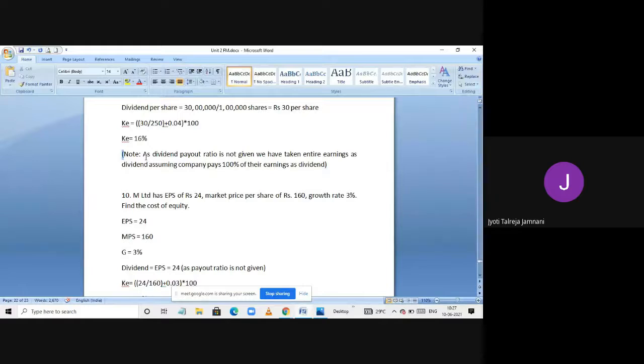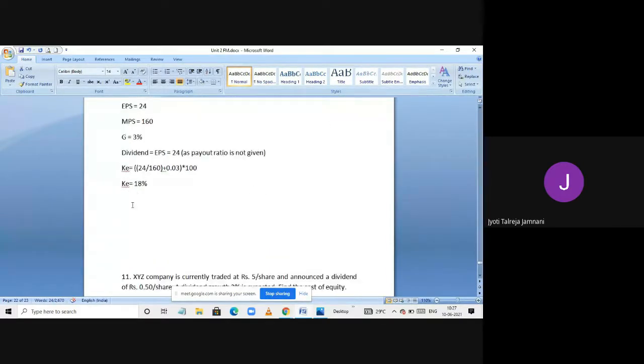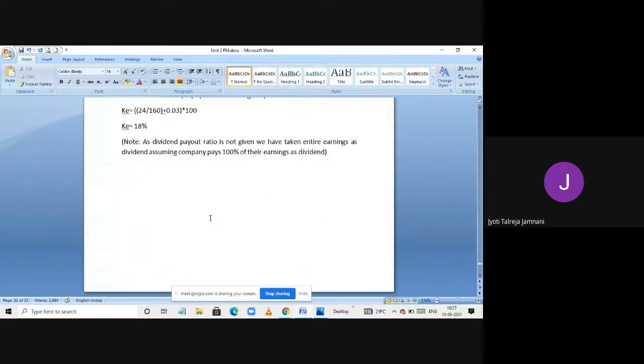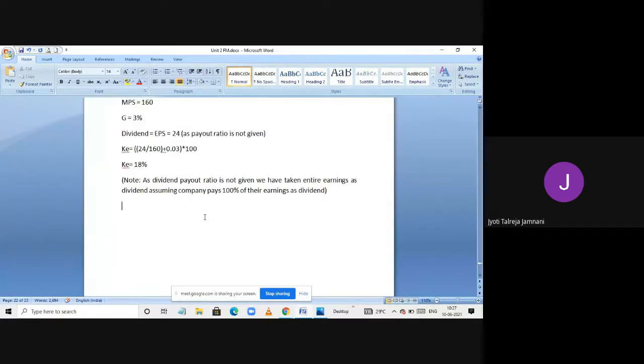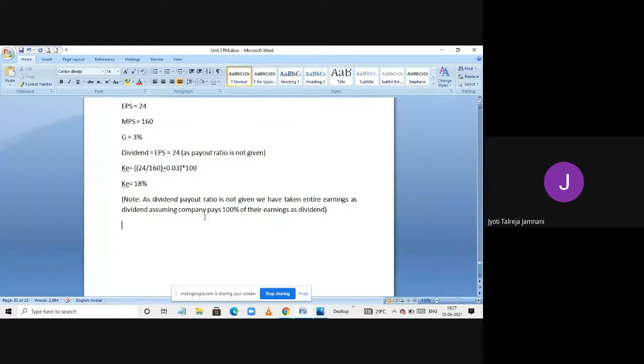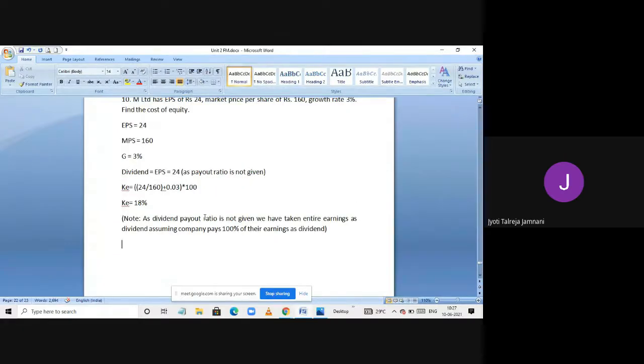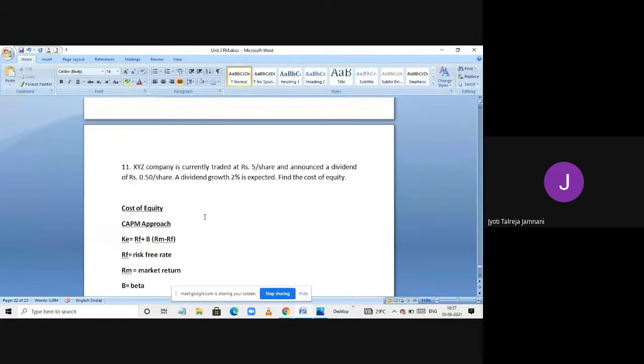If you want, you can even just copy down the same note. This note I have given so that later when you study, you should understand why EPS only is taken as dividend. Because in the above problems, we found out dividend because their payout ratio was given. Okay, let's go to the next sum.